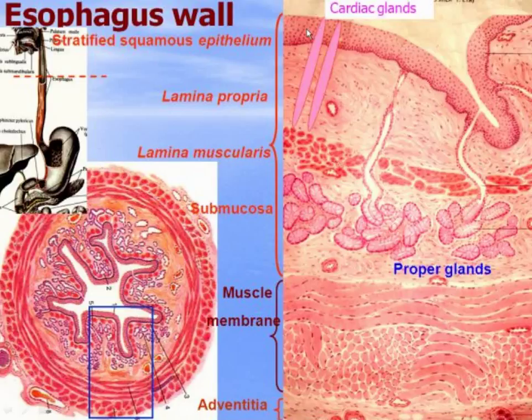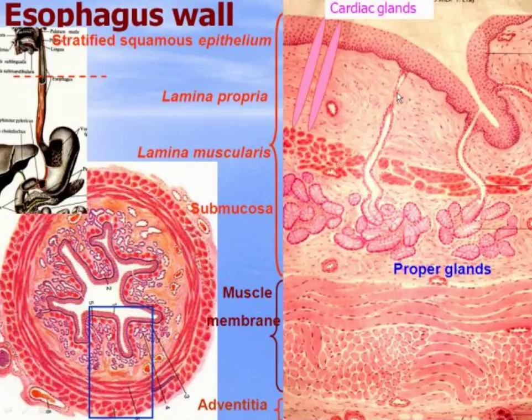So the mucous membrane consists of 4 layers. The inner, stratified squamous epithelium, it's the surface epithelium. It's non-keratinized, of course. The second underlying layer is lamina propria.